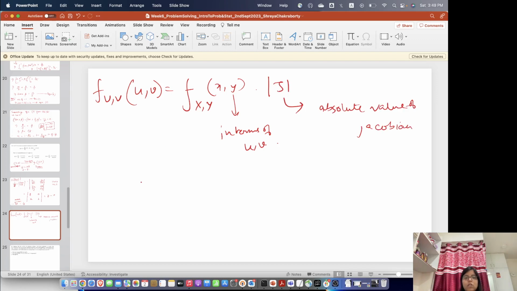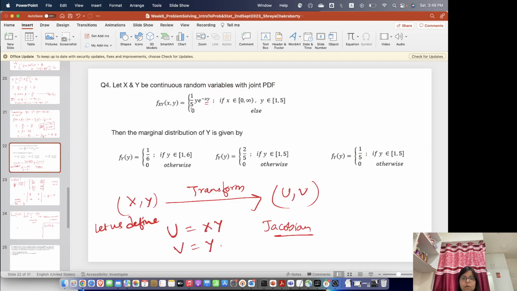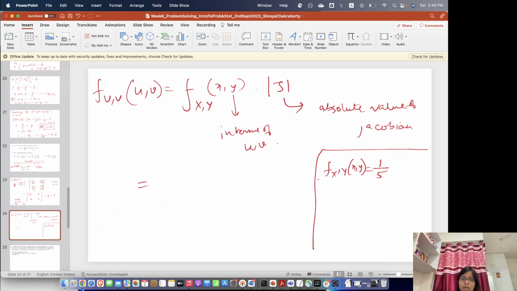So f xy was 1 by 5 y e to the power minus xy.